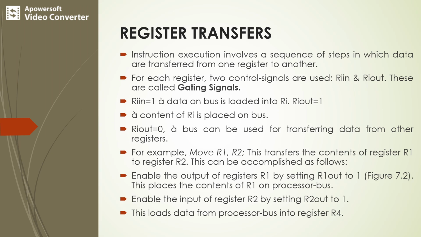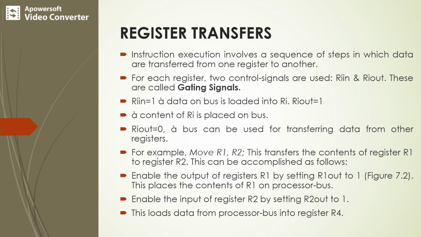So next we will consider register transfer. Instruction execution involves a sequence of steps in which the data are transferred from one register to another. For each register, there will be two control signals like Rin and Rout. These are called gating signals.